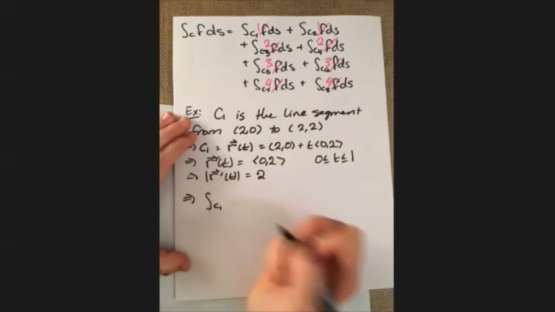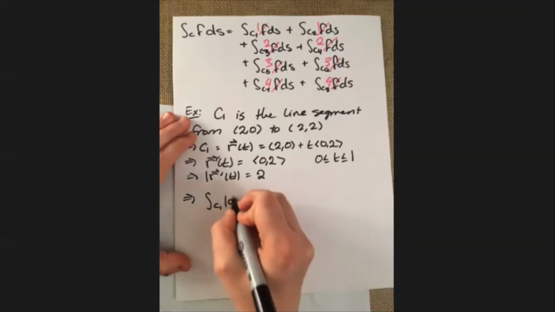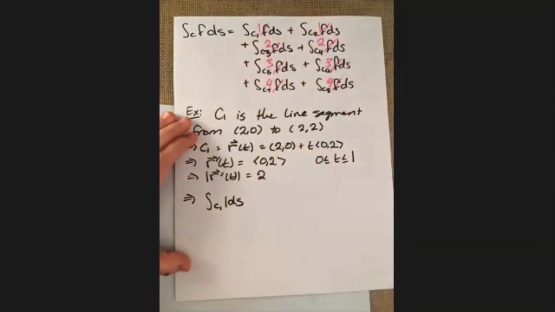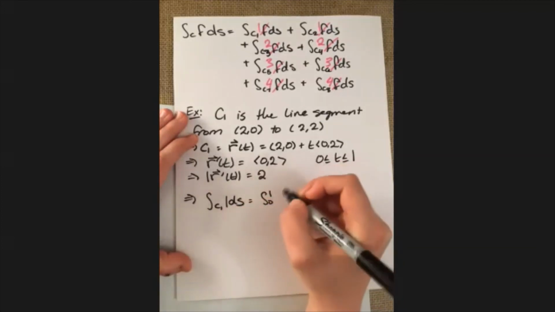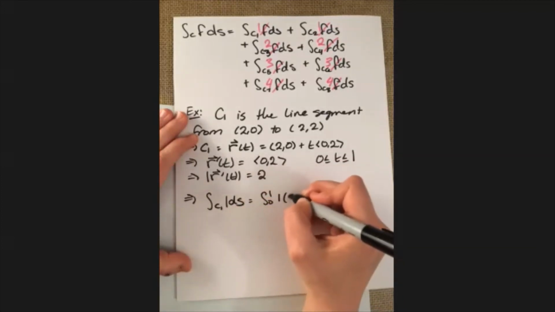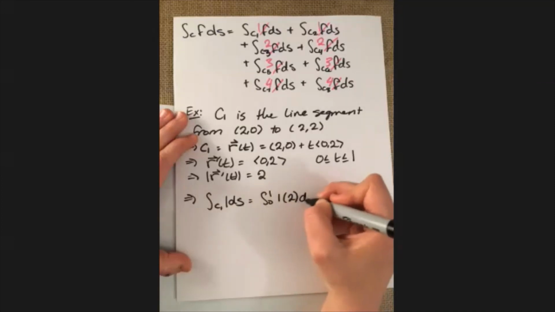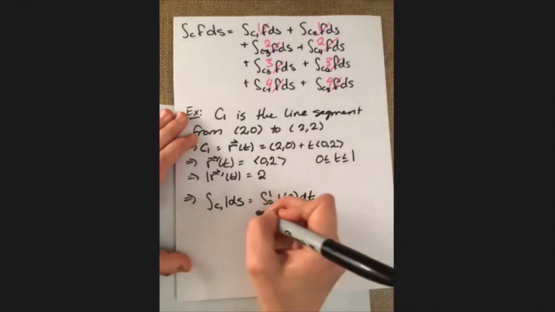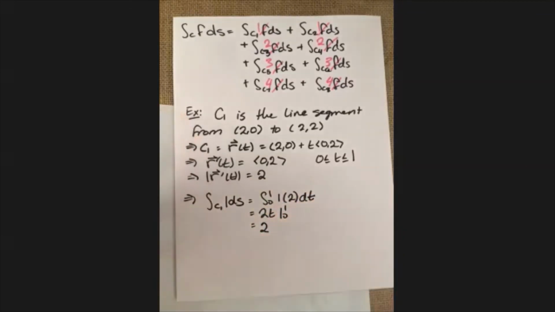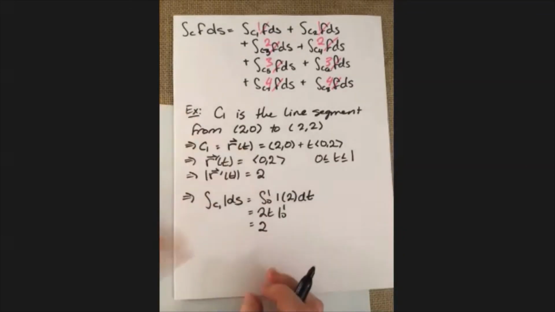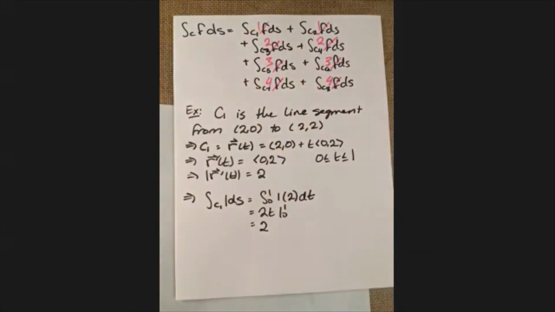So the integral over C1 of 1 ds, because remember that we have 1 there for my value of f, is equal to the integral from 0 to 1 of 1 times 2 dt, which is just 2t evaluated from 0 to 1. That's just equal to 2. So this little piece here isn't so bad, and parameterizing isn't so bad. It's just that you have to go through and do it for each and every single one of those.